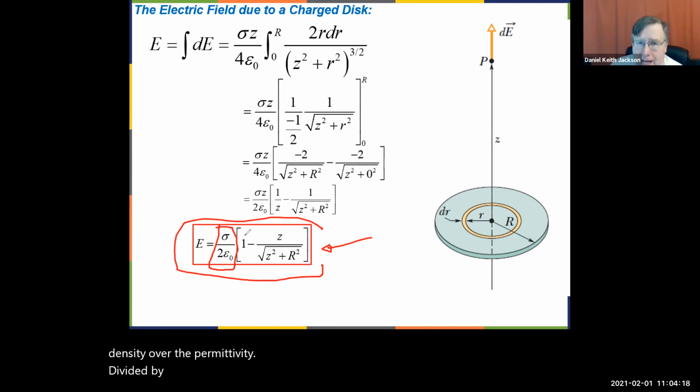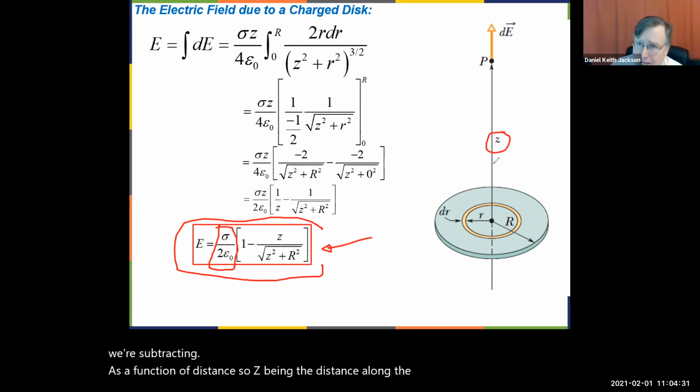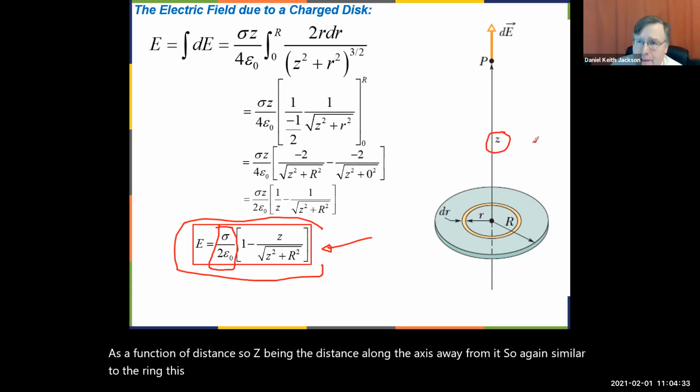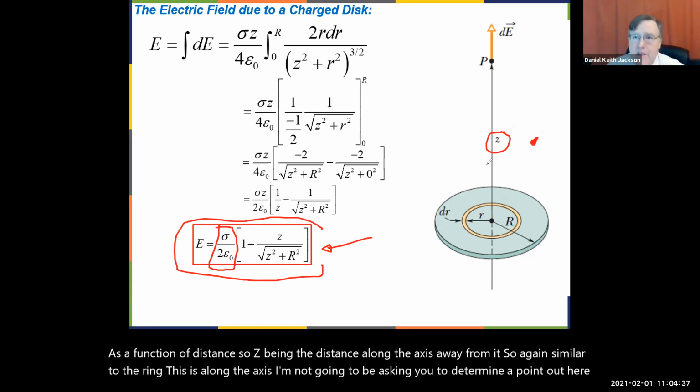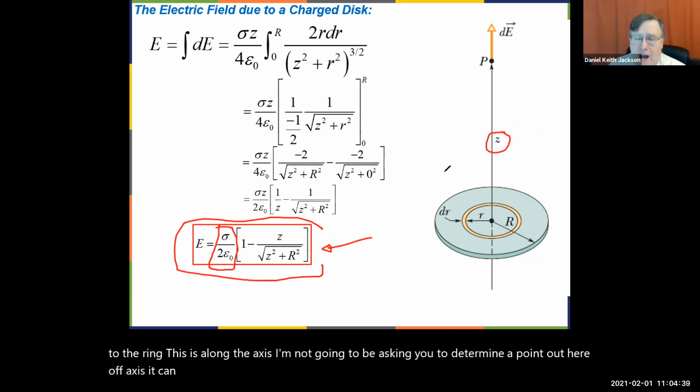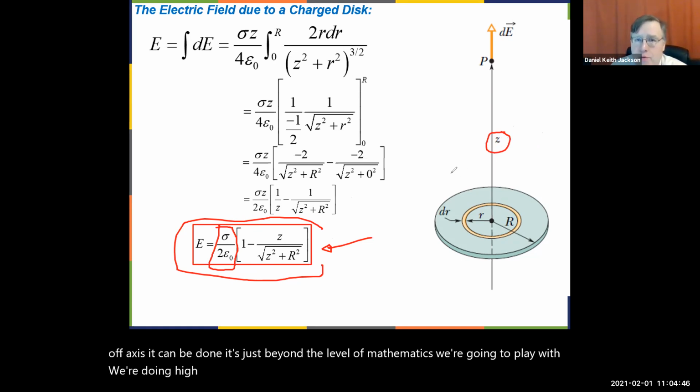Now, the 1 means that's 100%, and then the negative is essentially what we're subtracting as a function of distance, z being the distance along the axis away from it. So again, similar to the ring, this is along the axis. I'm not going to ask you to determine a point off axis. It can be done, it's just beyond the level of mathematics we're going to play with. We're doing high symmetry situations in order to demonstrate key features.